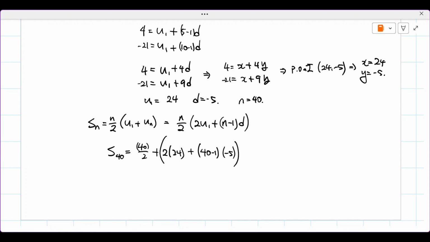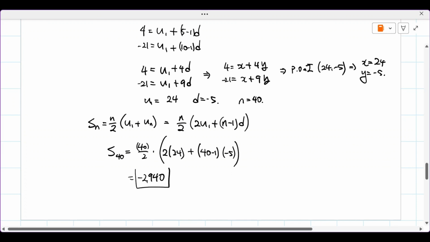That's 40 over 2 times, my bad, that's multiplication, open bracket 2 times 24, plus open bracket 40 minus 1, close bracket, times negative 5, and the total becomes negative 2,940. That is the sum of the first 40 terms in this arithmetic sequence.